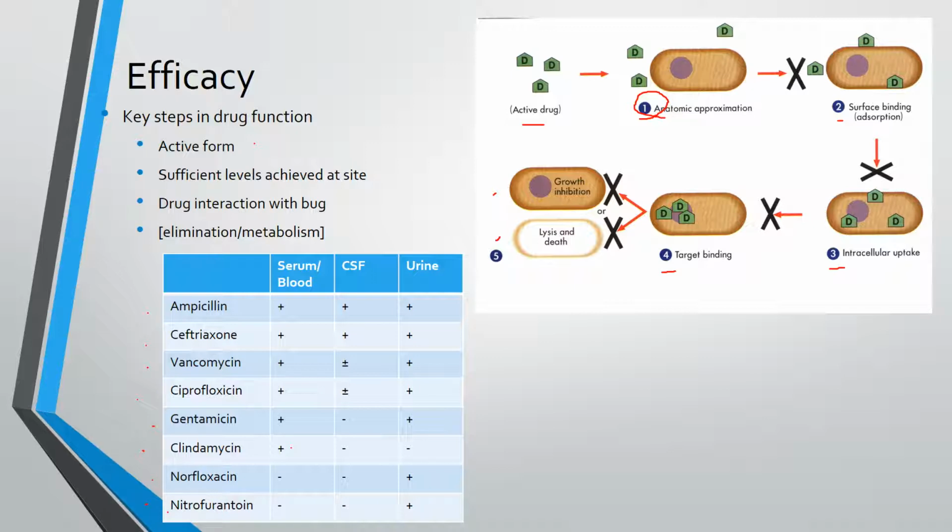Then the drug has to be able to interfere with whatever the infecting agent is. So a big important thing here, and this is why the doctors want to know right away, is this a gram-negative or a gram-positive? Many of our drugs target the cell wall.